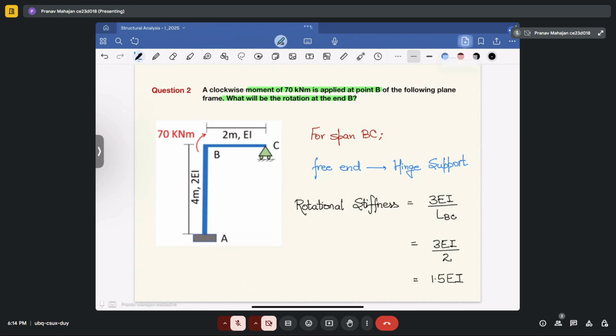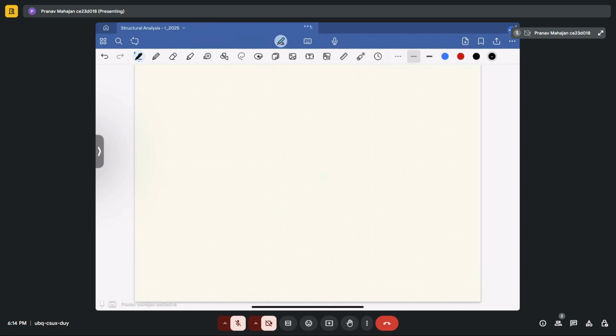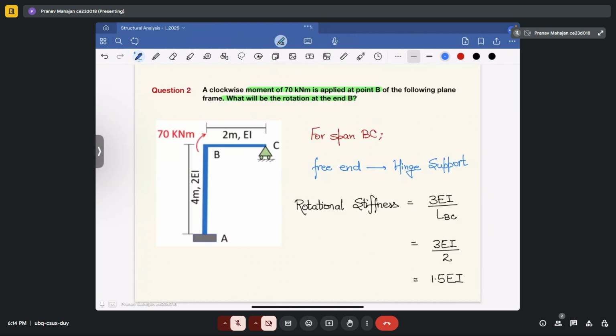Further, it is also connected to span AB. So for span AB, your far end condition is... I have written free end now. It is the far end, that's why I got confused here.